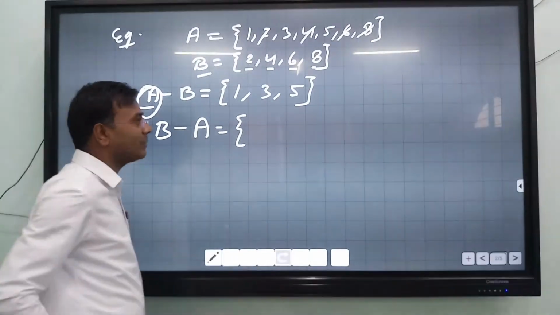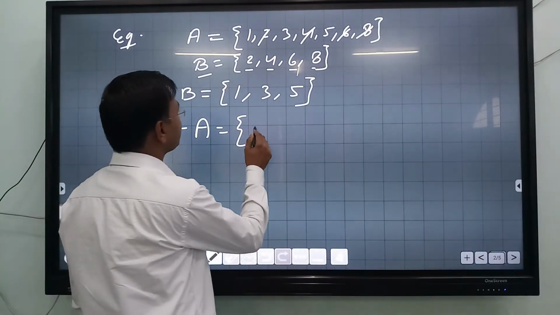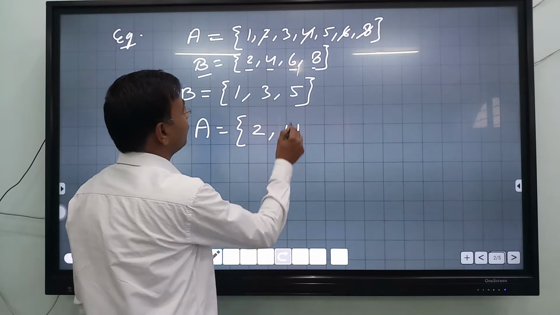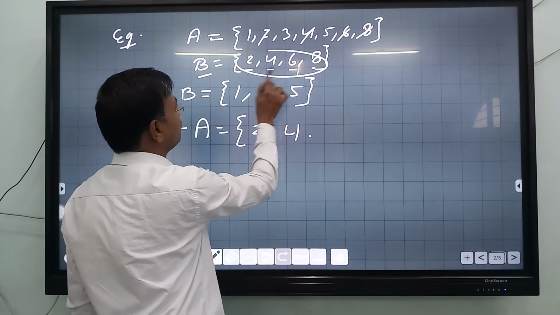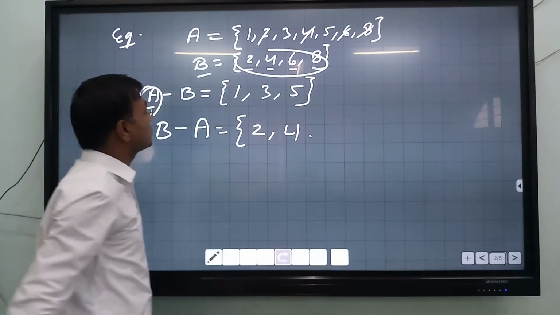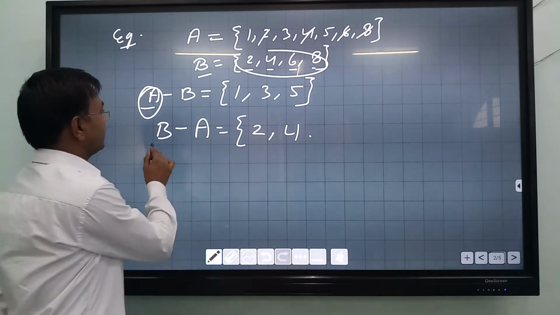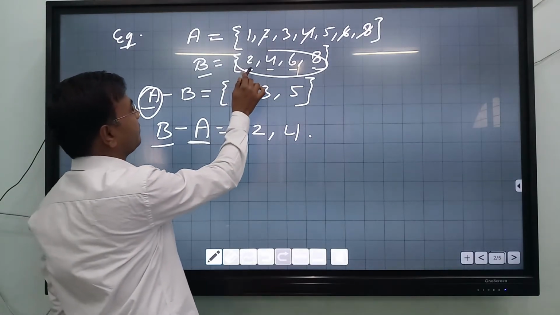So B minus A will be, I'm sure everybody has calculated. Now check the elements of B, that is 2, 4, 6, 8. So if you remove these, what are the elements of A which are coming here in B?